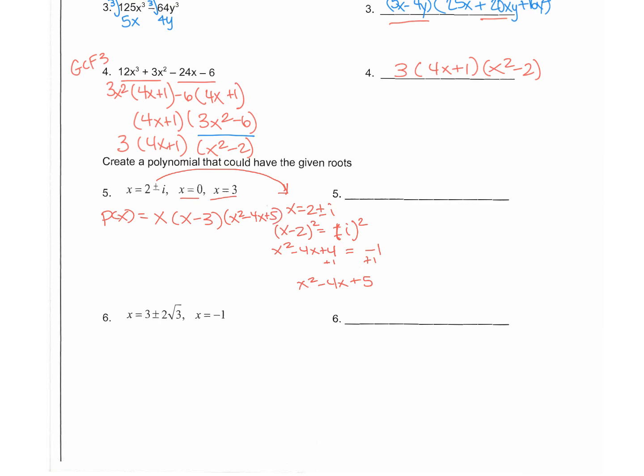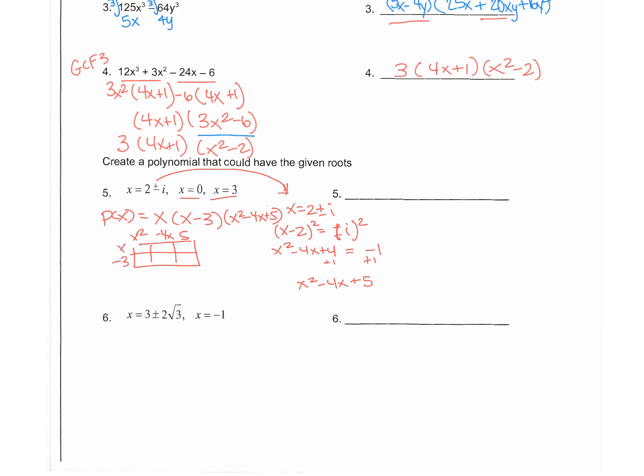And now I'm going to multiply these. Personally for me, I'd probably multiply my binomial and trinomial first. So I would multiply my x squared minus 4x plus 5 by my x minus 3.